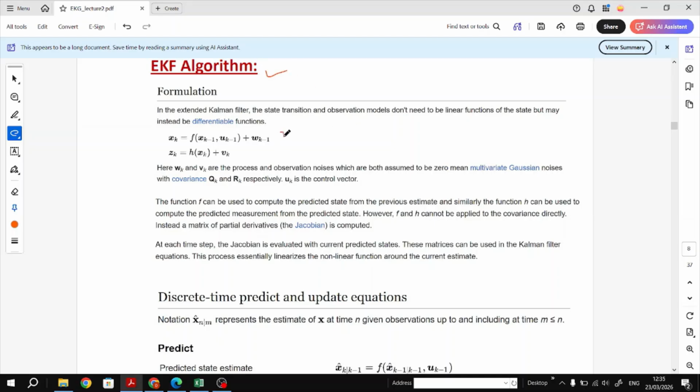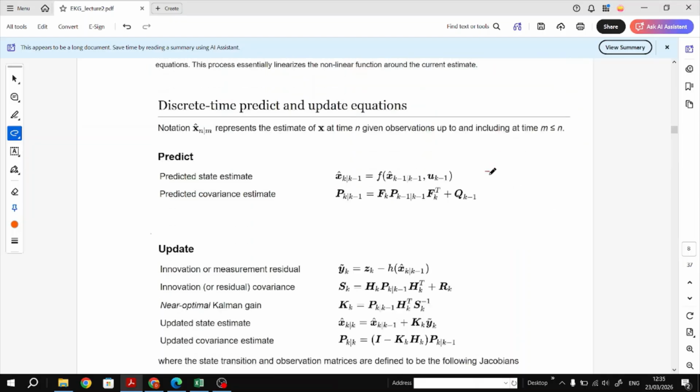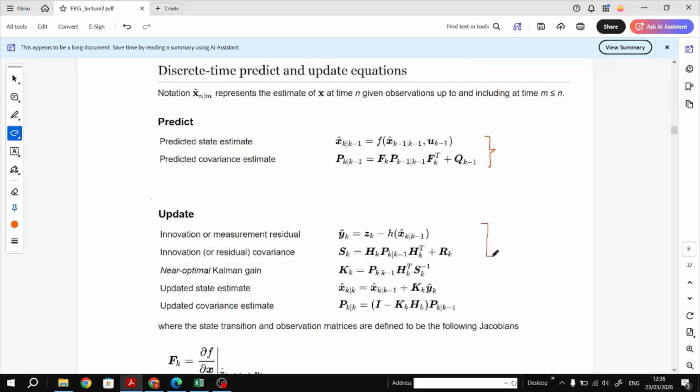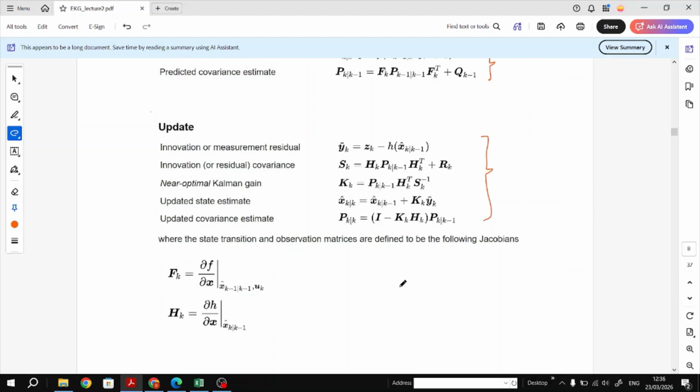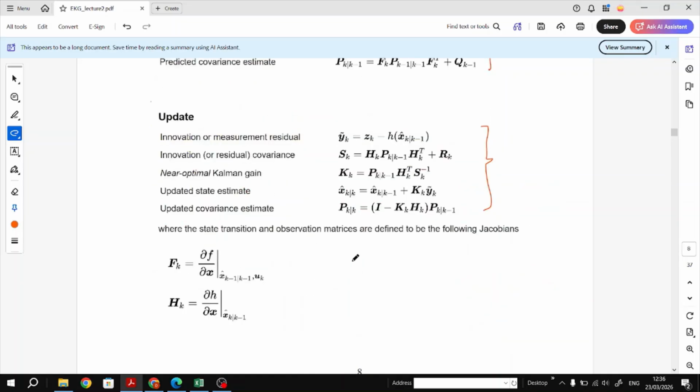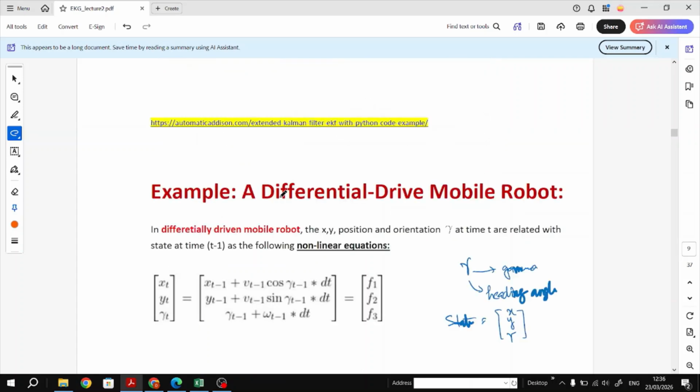Same equations: we have the nonlinear measurement model and nonlinear system models, and then you apply the state prediction steps and the state update steps by calculating the Jacobian matrices at the appropriate instant of time with appropriate vectors. Right, so this is the theoretical part of EKF we did.